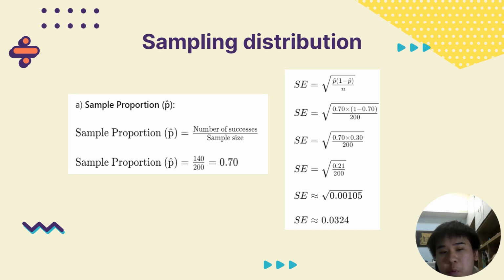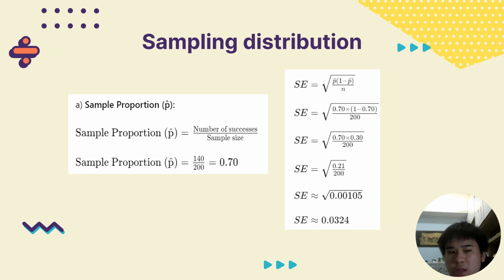First, sample proportion. Now, proportion, very important. When you see sample proportion, you use p hat. That's different from population proportion. So sample proportion based on the equation is the number of successes divided by sample size, which is 140 divided by 200, and that will give you 0.7.